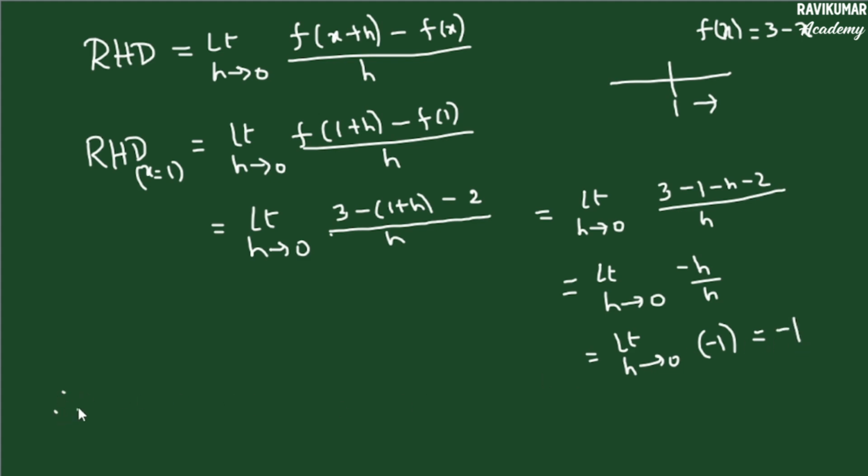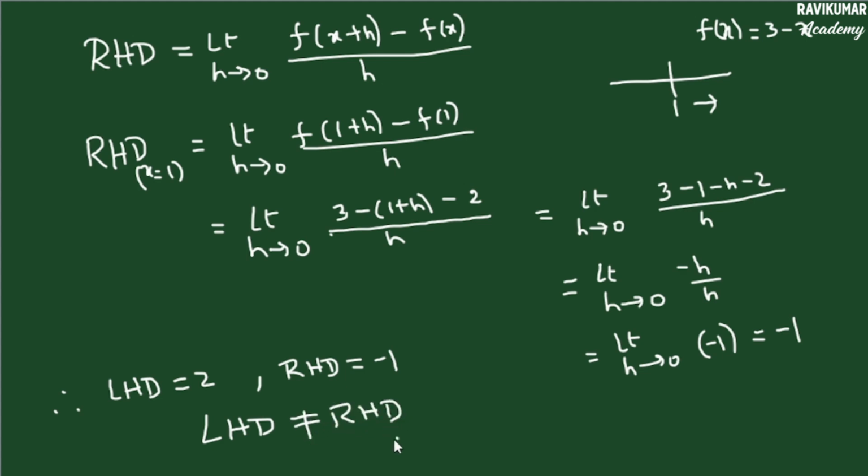So therefore, left hand side derivative exists and equal to 2. Right hand side derivative exists and it equal to minus 1. But LHD is not equal to RHD. Therefore, f is not differentiable at x equal to 1 because the differentiability fails.